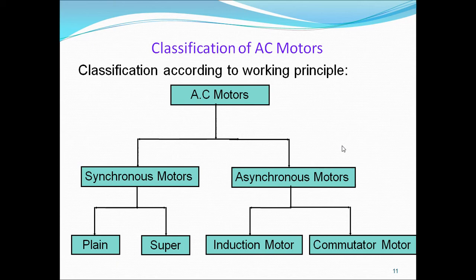An asynchronous motor is a variable speed motor and works on lagging power factor only. So a synchronous motor is a constant speed motor, whereas an asynchronous motor is a variable speed motor. That means it will never run at synchronous speed. Always it runs below the synchronous speed.